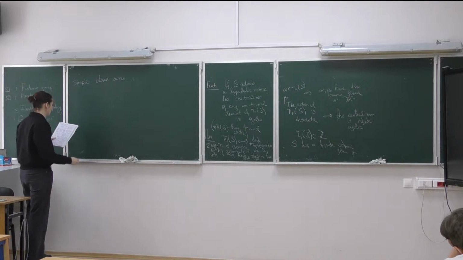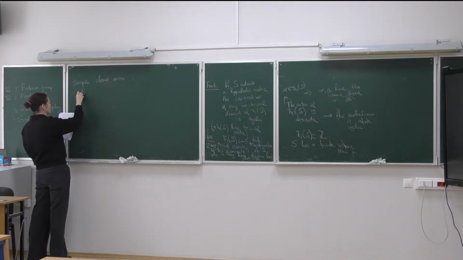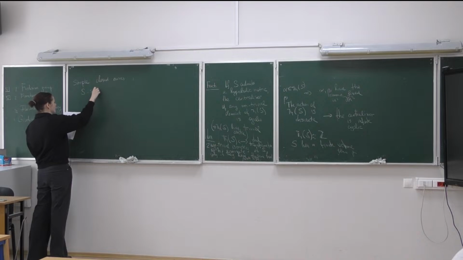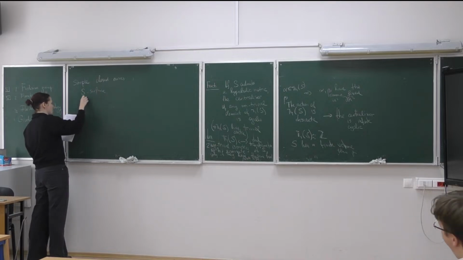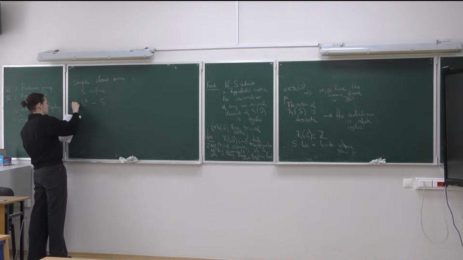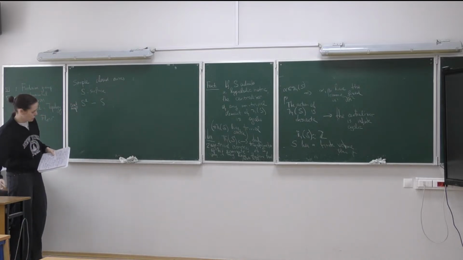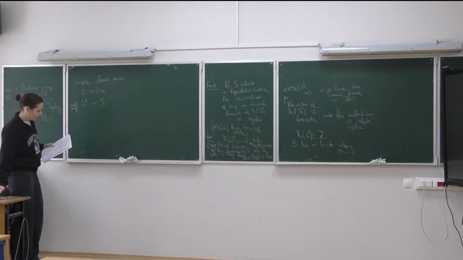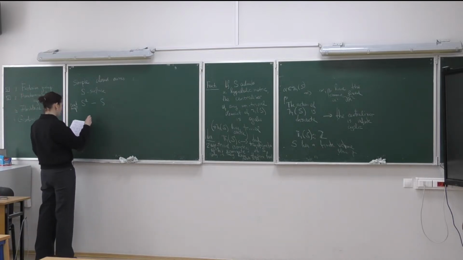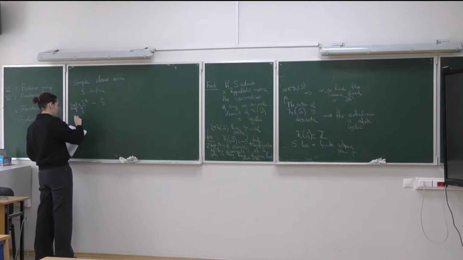So we consider a closed curve on the surface S. S is our surface. And what is a curve? We have to consider a continuous map from S^1. It's a closed curve, so we consider the map from the circle to the surface S. And thus, you can associate to this alpha an element of our fundamental group. Of course, it's defined up to conjugacy.